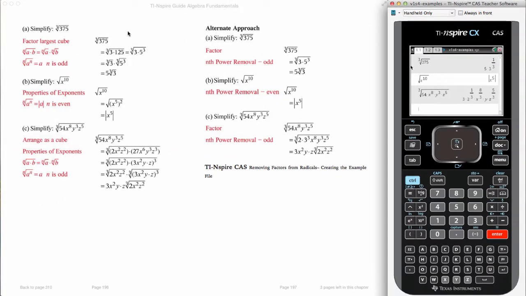So we have the traditional approach, our alternate approach, which is the rule we just showed you on the previous page, and our calculator handling these problems. We need to look at all these to understand better what to do.